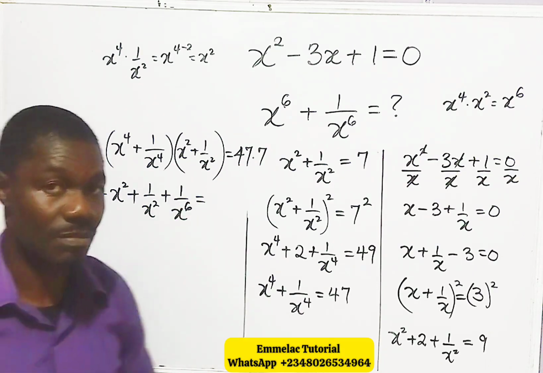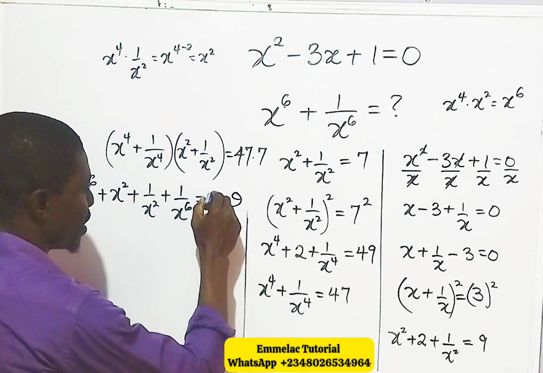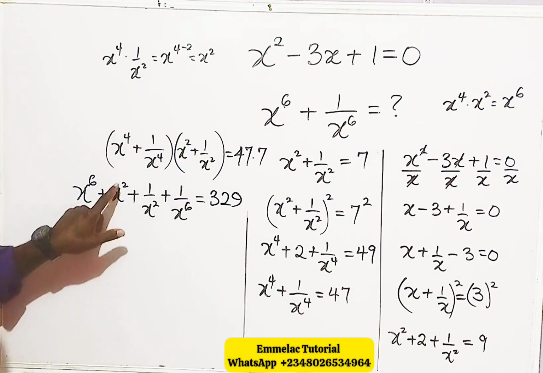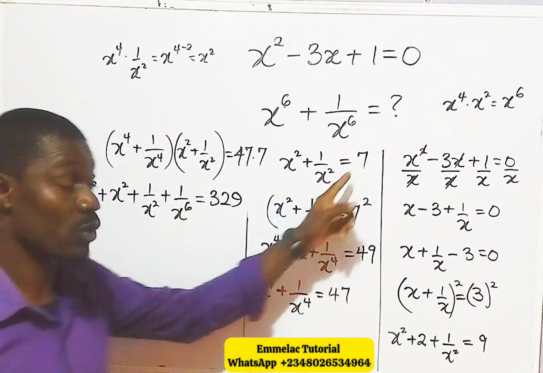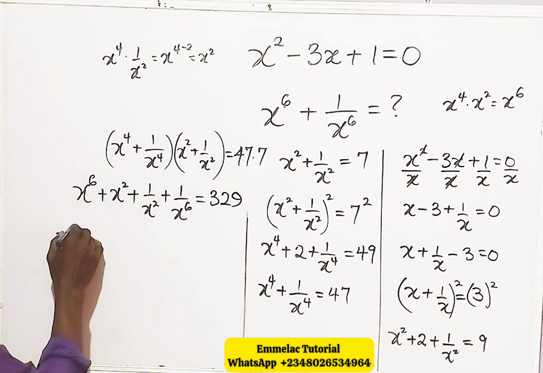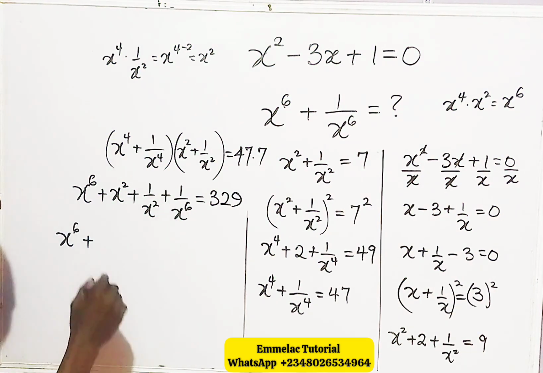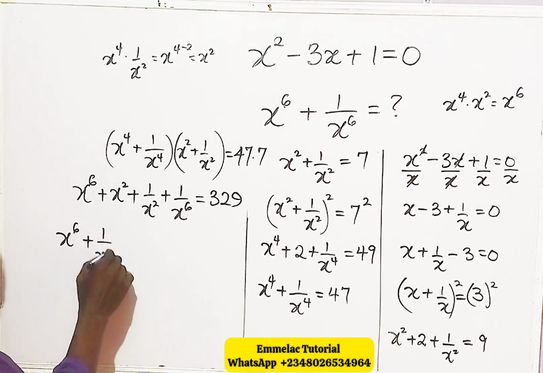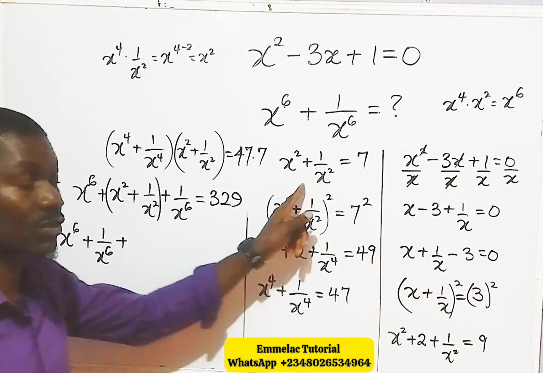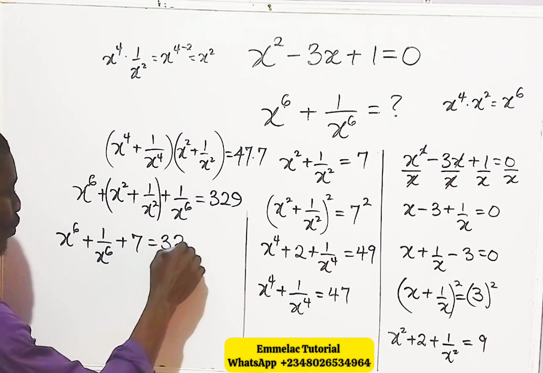Then 47 times 7, here you have 329. Now recall that x raised to 2 plus 1 over x raised to 2 will give us 7. So here we have x raised to 6, plus 1 over x raised to 6 together, then plus the whole of this gives us 7 here. So let us plug that in, then equals 329.